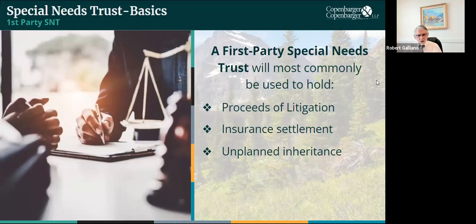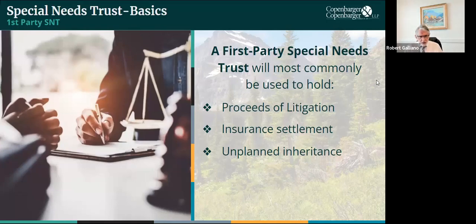Congress created the first party trust to allow the proceeds of litigation or the proceeds of any type of insurance settlement to be put into this type of trust for the benefit of the beneficiary so they can continue to obtain the benefits that they deserve. So generally, first-party trusts are used for proceeds of litigation and of insurance settlements.